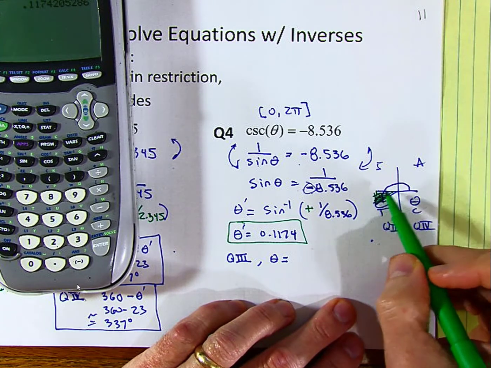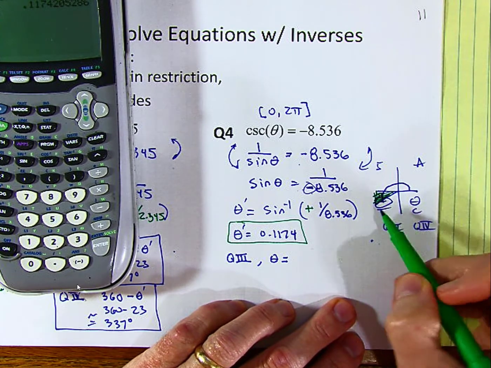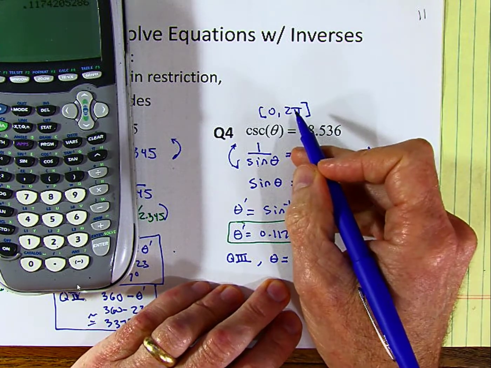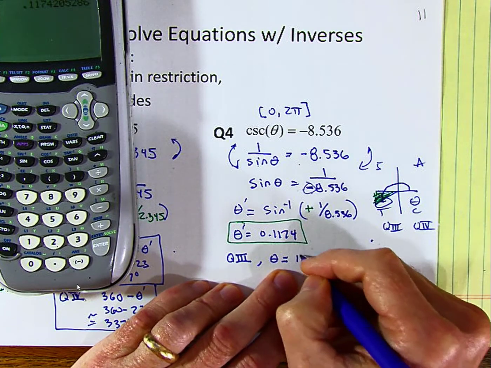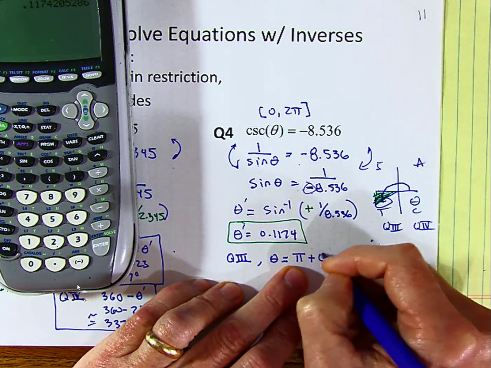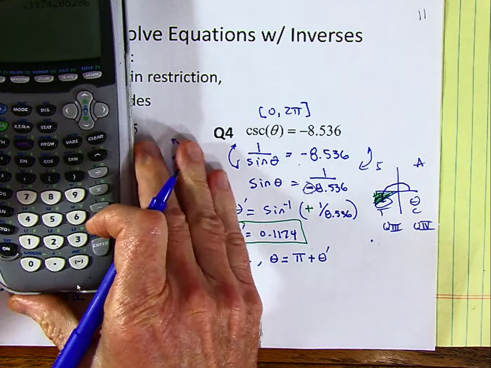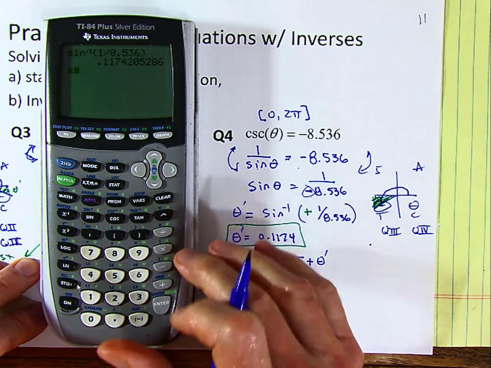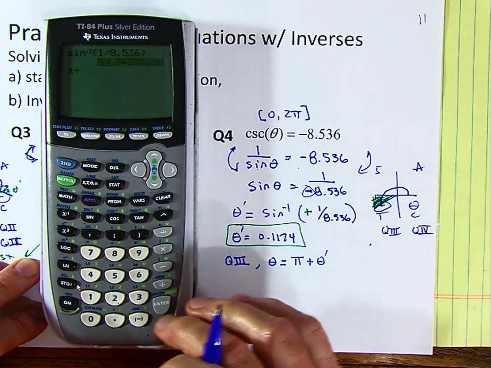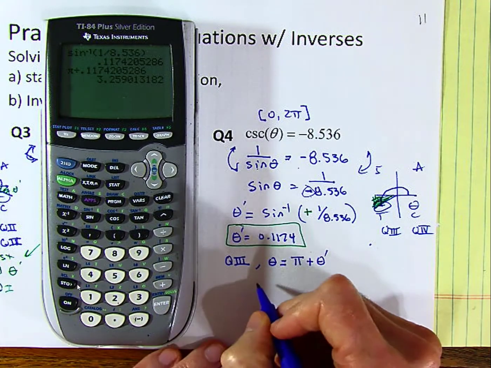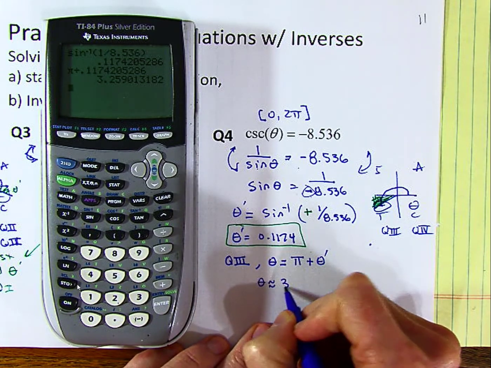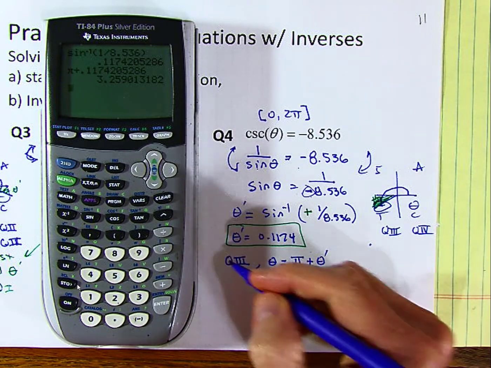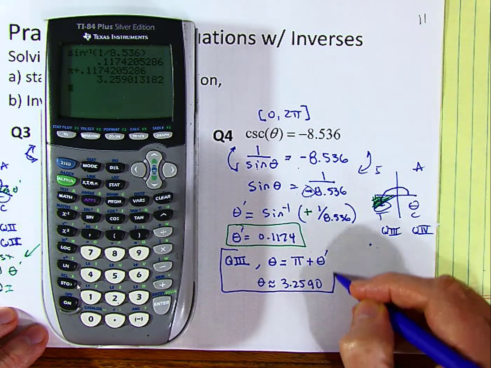So if I add the reference angle to the 180, I will get the third quadrant answer. But it's not 180 because we're in radians. So instead of 180, it's pi plus the reference angle. So let's do pi plus this number, and I get theta approximately 3.2590. There's my first solution.